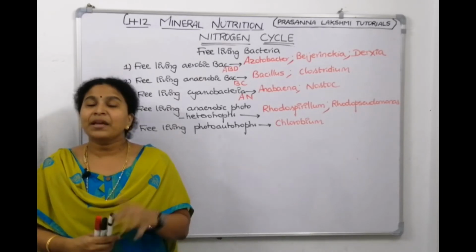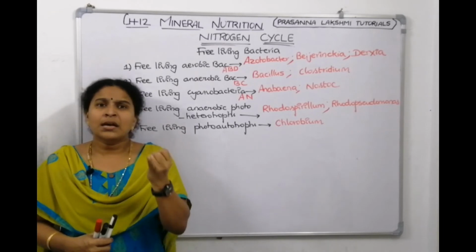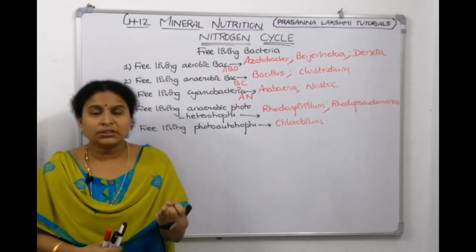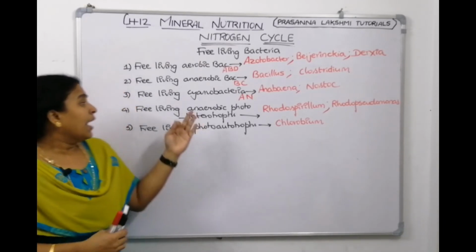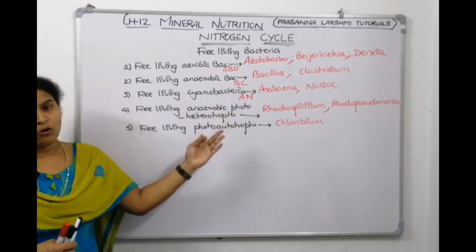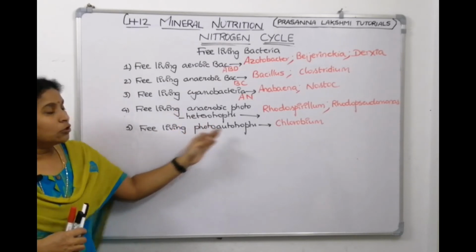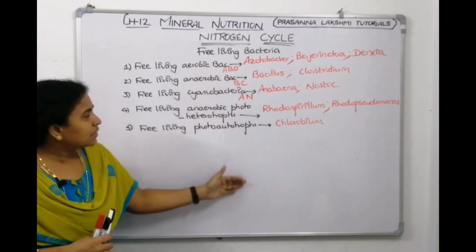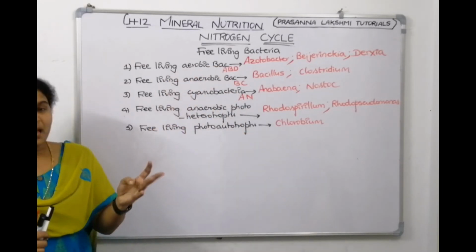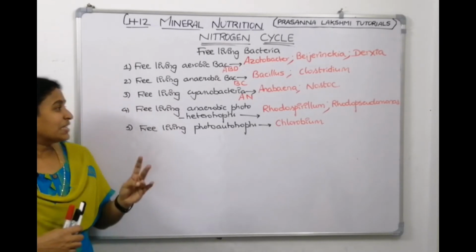Now, under that, we have different categories. Aerobic bacteria, which requires oxygen. Anaerobic bacteria, no oxygen. Cyanobacteria means blue-green algae, third category. And next, photoheterotrophs, heterotrophs means they break the chemicals. Photoautotrophs, they use the sunlight, right? So all examples we listed. Under aerobic, A, B, D examples. Under anaerobic, B, C examples.